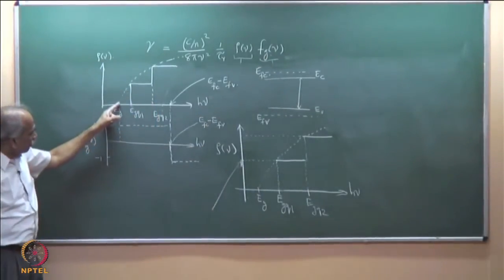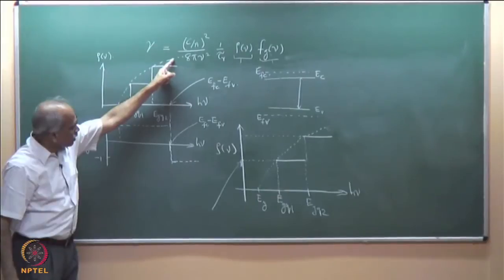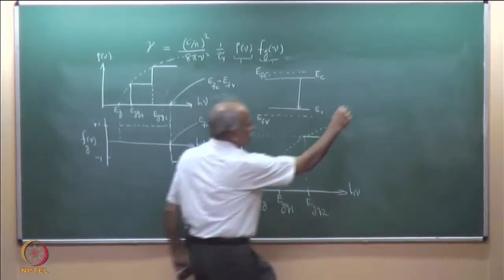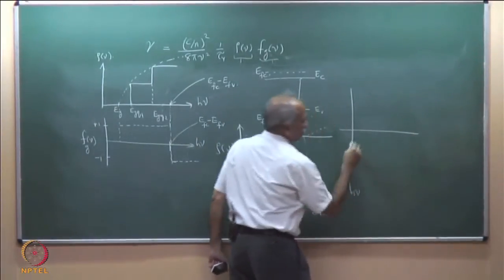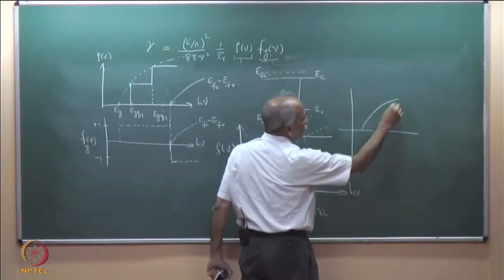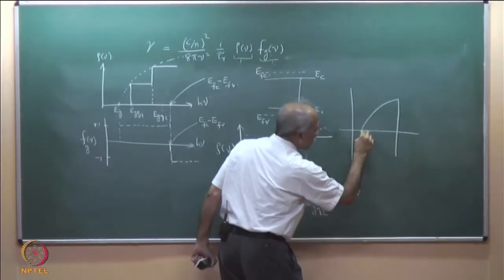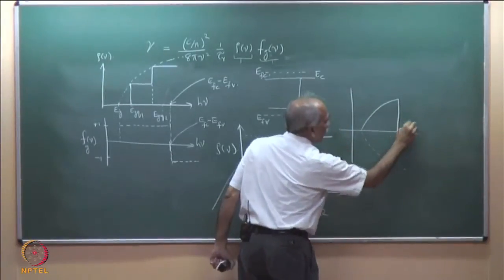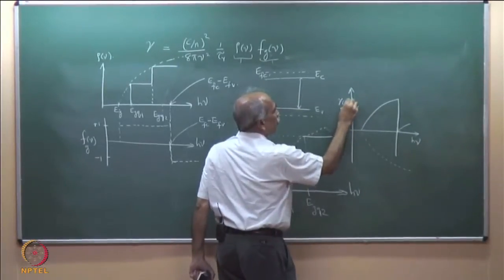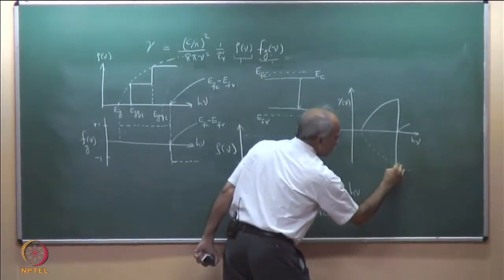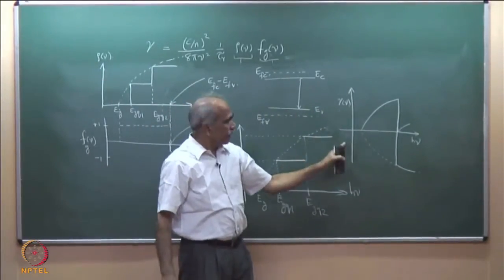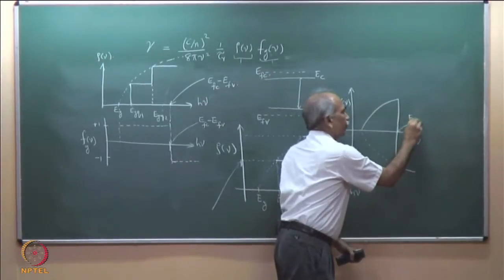For the bulk, we had a gain profile which went up to this and then it shot down. So, I will draw it here just to remind you how it was for the bulk. The gain profile went like this, it followed exactly rho of nu, and then it came down, because beyond this value we had h nu versus gain, gamma of nu, and at 0 K it did this. So, gain was positive, negative beyond EFC minus EFV.